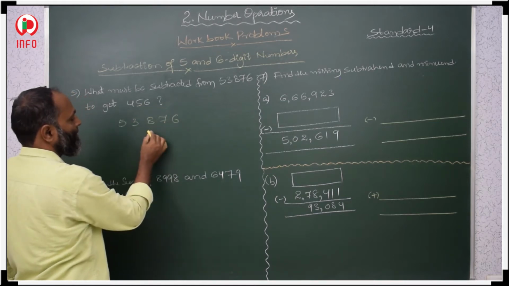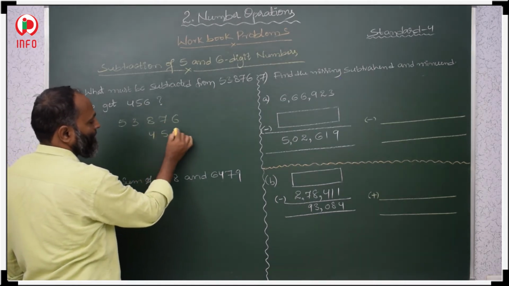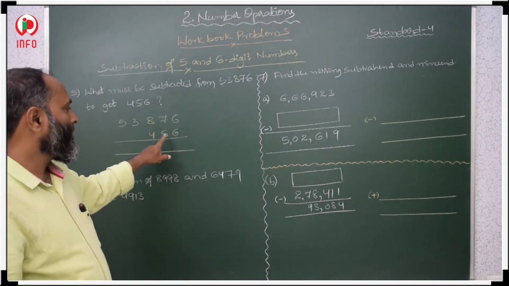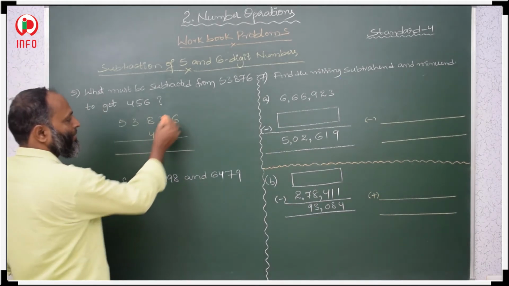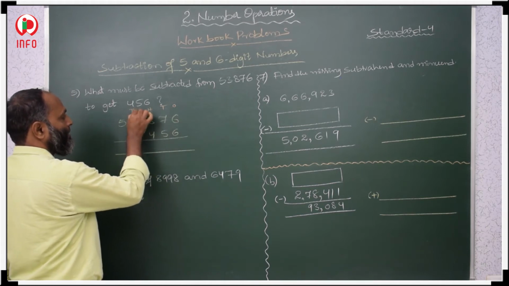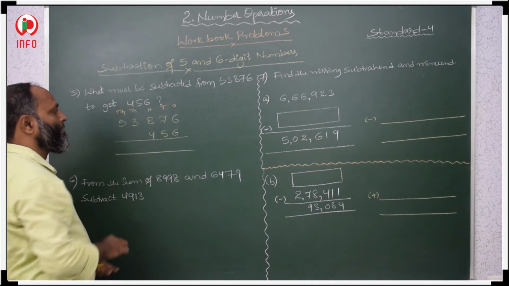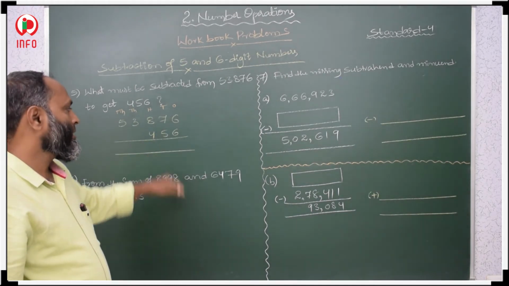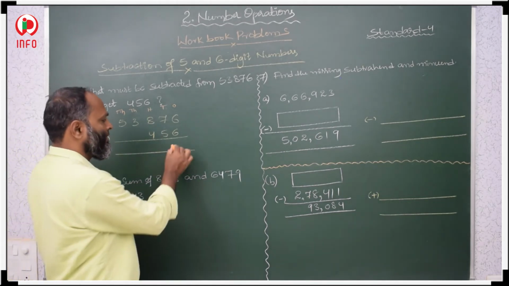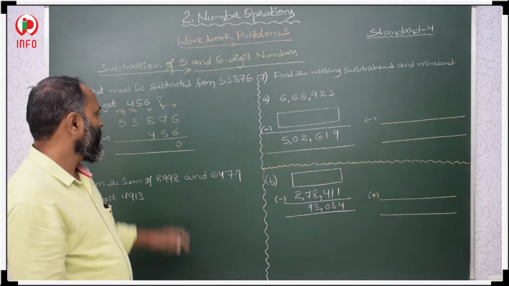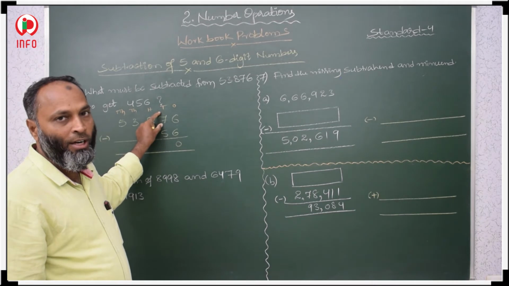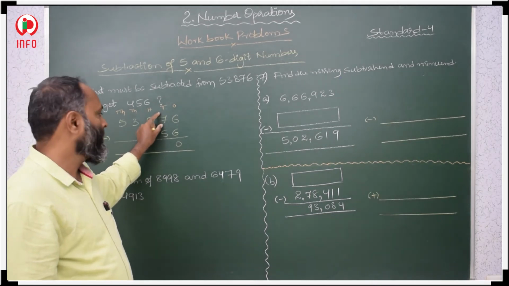53,876. Next, 456. We have to write it like this. So we start from the ones place. This is ones, this is tens, this is hundreds, this is thousands, this is ten thousands. 6 minus 6, same number minus same number, the answer is 0. 7 minus 5: the minuend is bigger, no need to take borrow or regrouping.